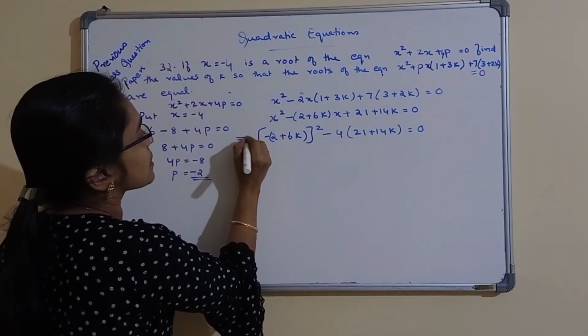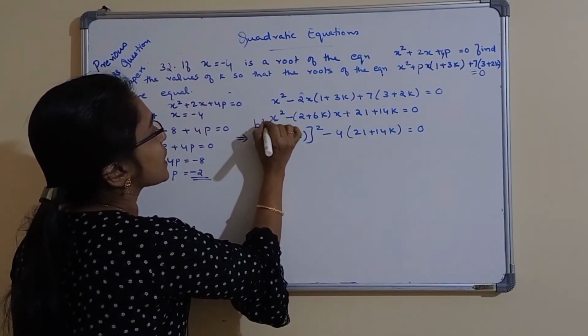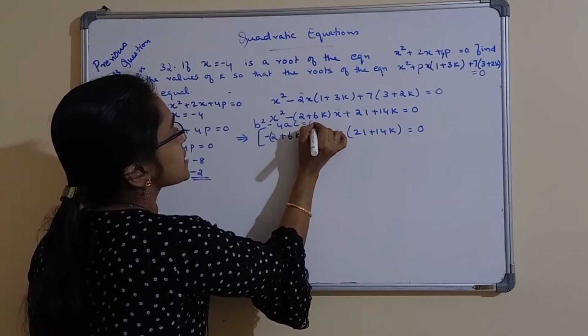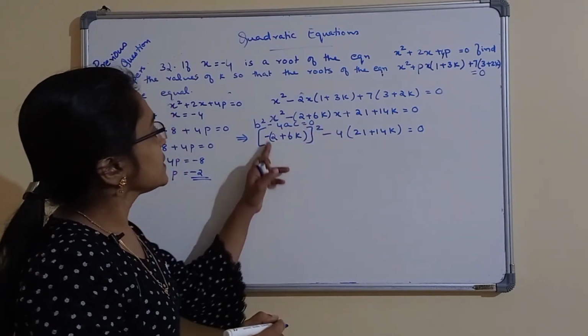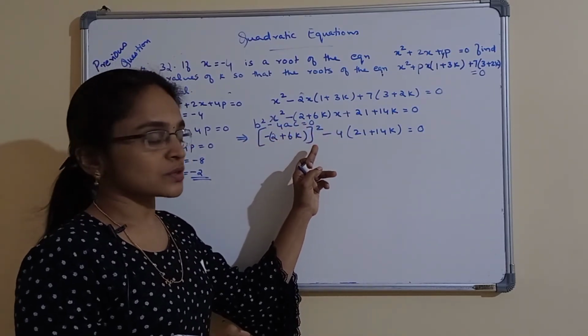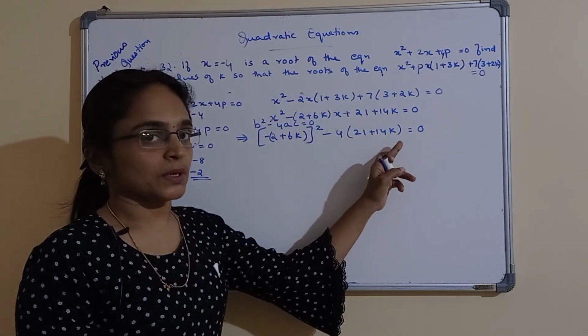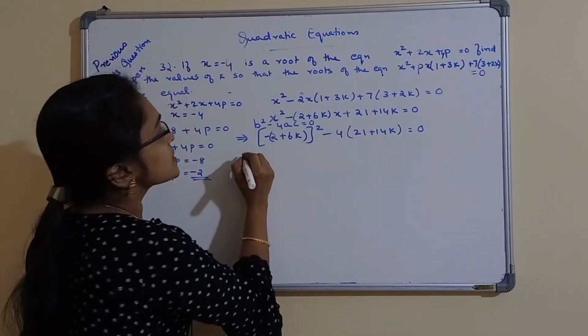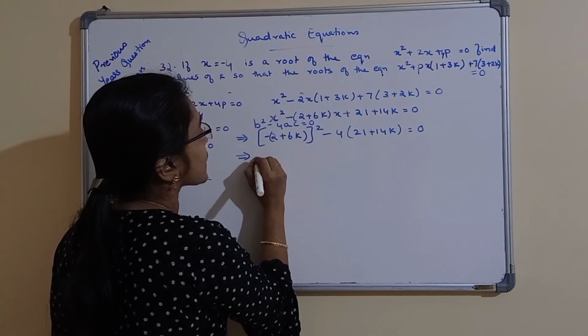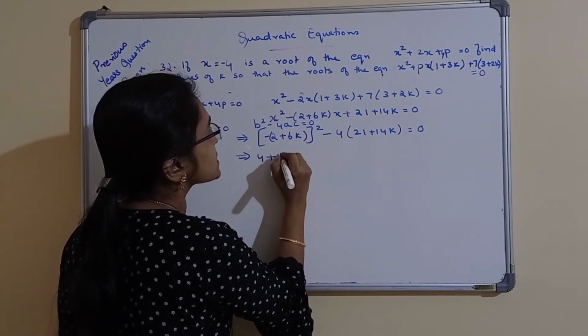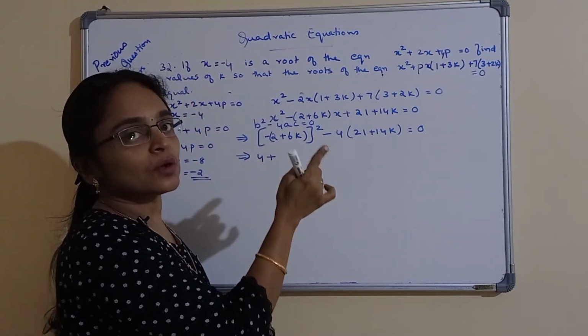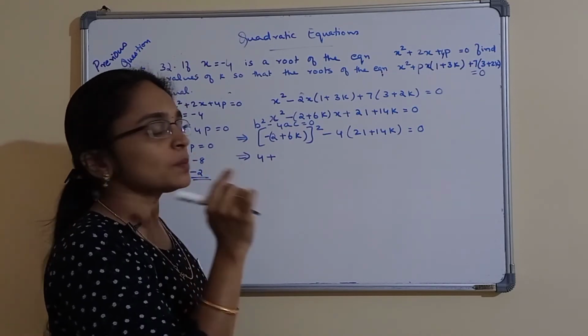This implies we can write b square minus 4ac equal to 0 implies 2 plus 6k the whole square minus 4 into 21 plus 14k equal to 0. So this implies 4 plus, that is a plus b the whole square is a square plus 2ab plus b square.